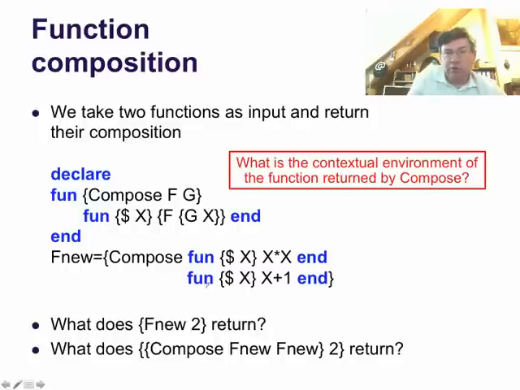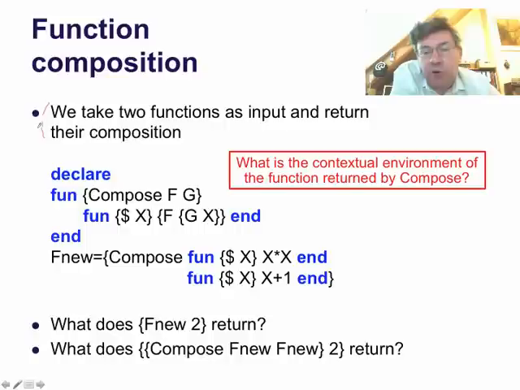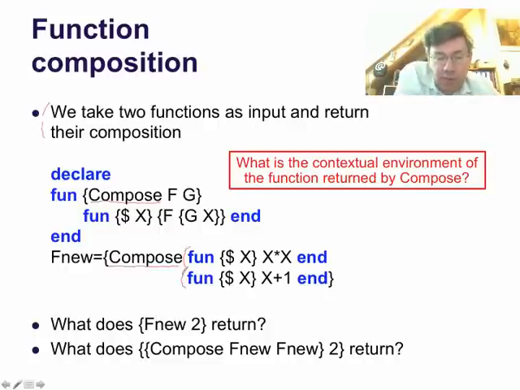So let's go to a third example, function composition. We will take two functions as input and return their composition. So this is a function compose, which has functions as input and a function as output. So for example, we call compose here with an anonymous function that squares its argument, and an anonymous function that increments.